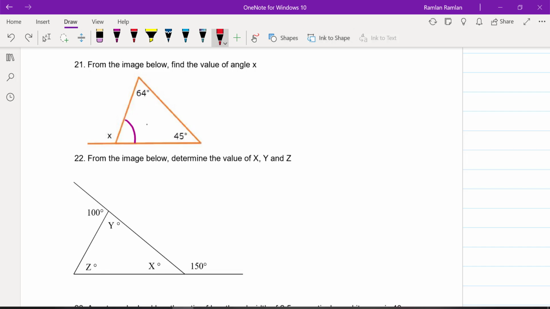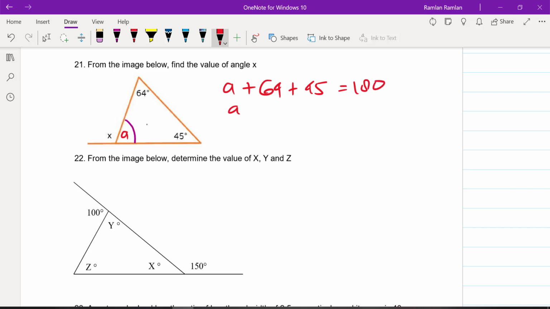For example, I'm going to name that angle A. If I write down the equation, that will be A, this guy, plus 64 from here, plus 45 from here, because those three angles construct a triangle. So that will be equal to 180 degrees.